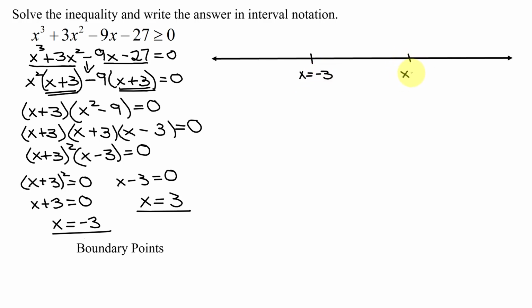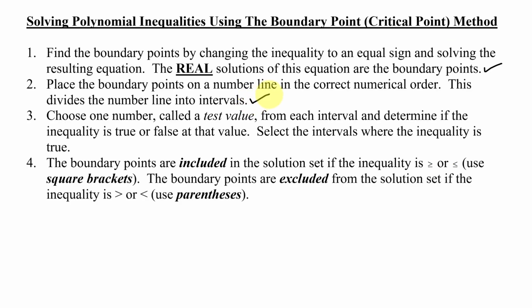And here is x equals positive 3. They divide the number line into regions. So I have the region to the left of negative 3, the region between -3 and 3, and the region to the right of 3. So that is step 2 completed.